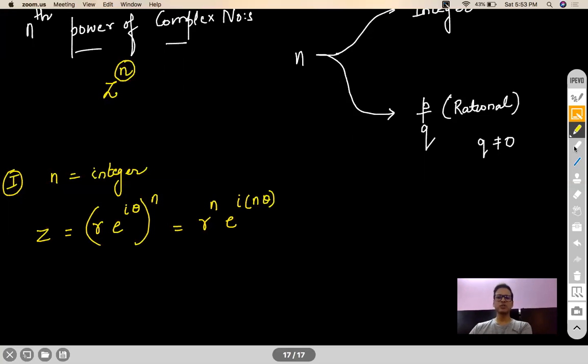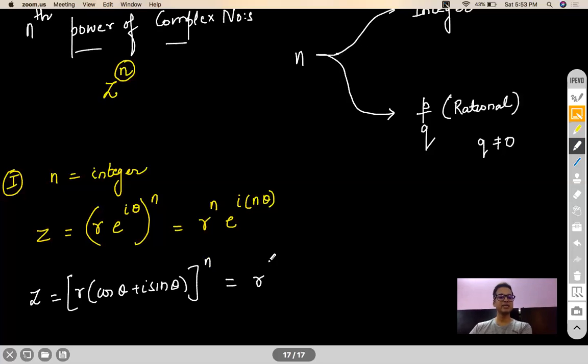So when you are raising a complex number to the power of n, you are raising the same power on its modulus, but you are multiplying its argument by n.